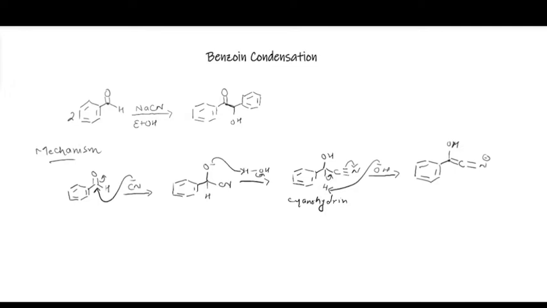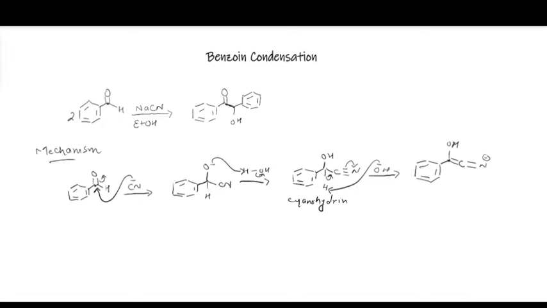Now remember that this carbon here is actually the same carbon which was initially the carbonyl carbon of benzaldehyde. At the start, while it was electrophilic in nature, here, because of this transformation, it is now going to be nucleophilic in nature.